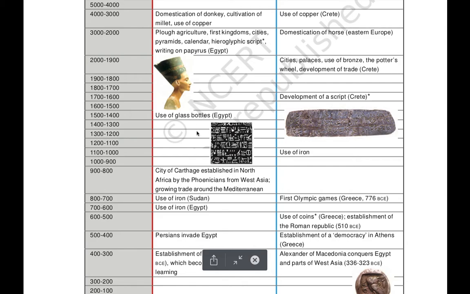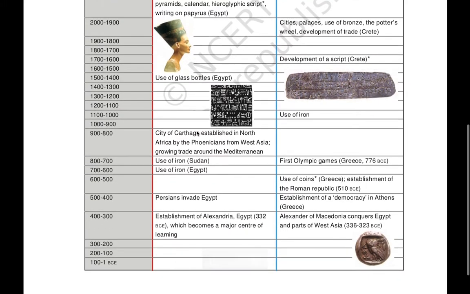From 2000 to 1900. In Europe, cities, palaces, use of bronze, the potter's wheel, development of trade were found. Then from 1900 to 1600 BCE in Europe, development of a script. From 1600 to 1400 in Africa, use of glass bottles, mainly in Egypt.